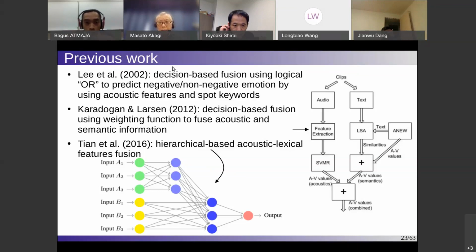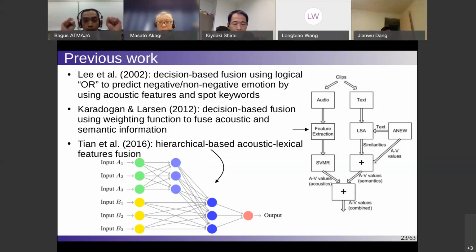For example, in this first study, they actually do not use linguistic features, because they only spot keywords. If they spot some keywords in the utterance, it becomes negative or positive, and they just use logical 1 or 0.